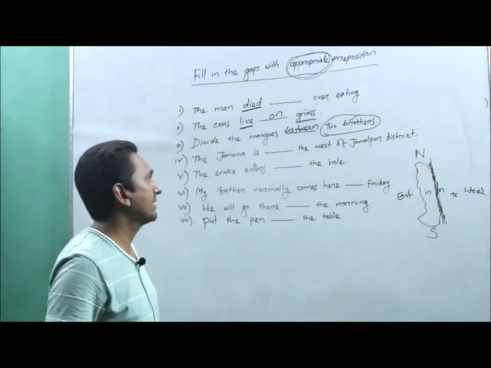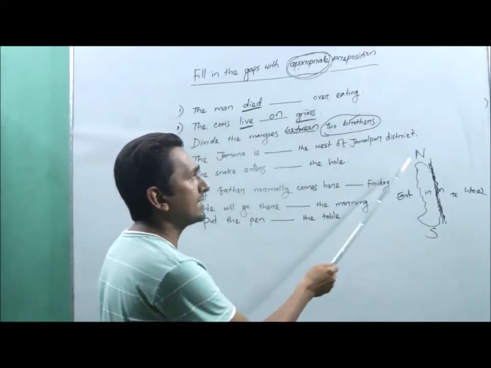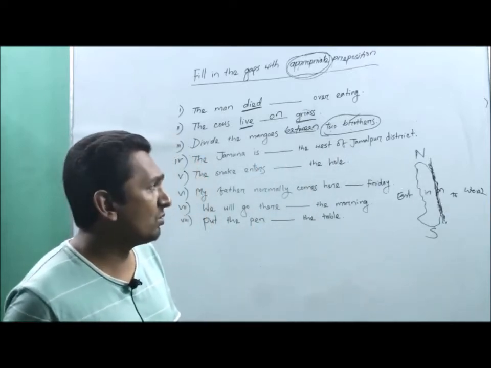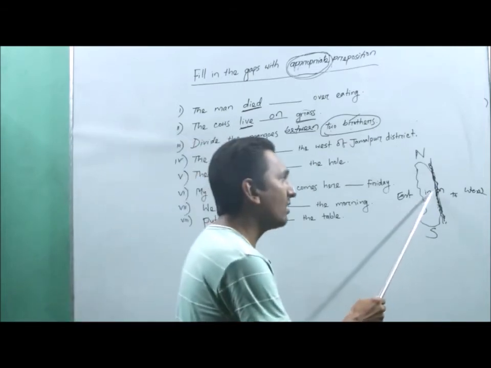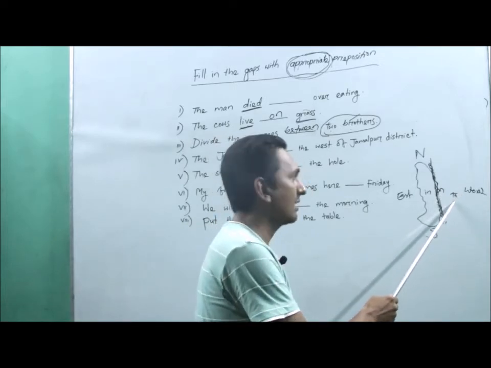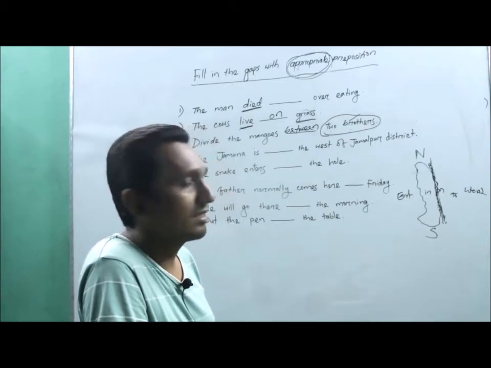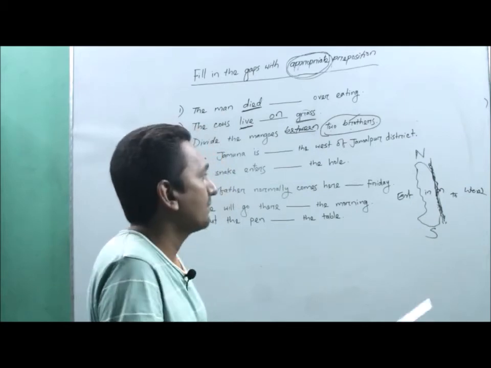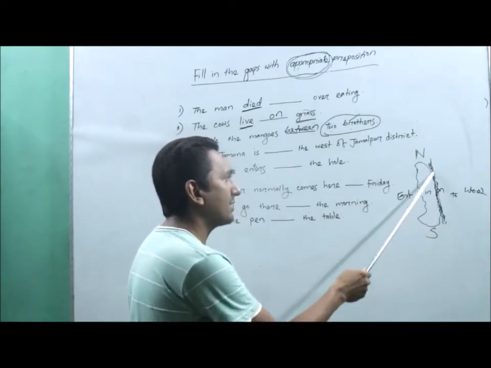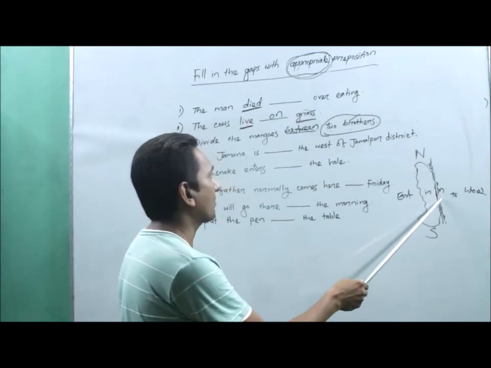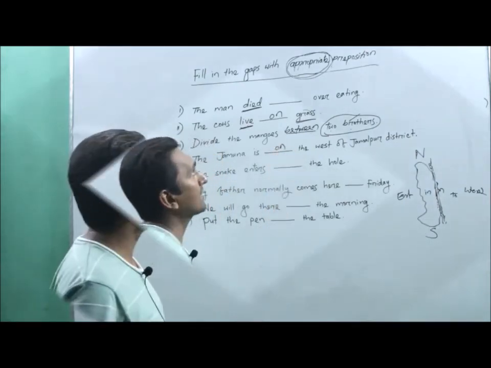So dear students, here, the Jamuna is the west of Jamalpur district. Guess yourselves and try to set up which preposition is correct, in, on or to. Because Jamuna is a river which is just at the boundary level, so use on. Here on is the appropriate, correct preposition.